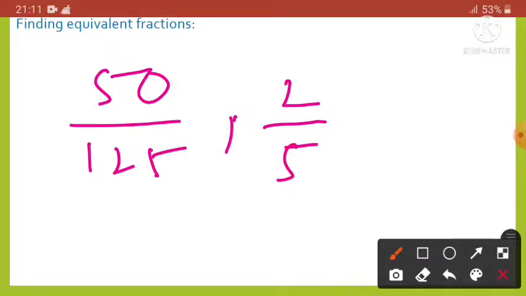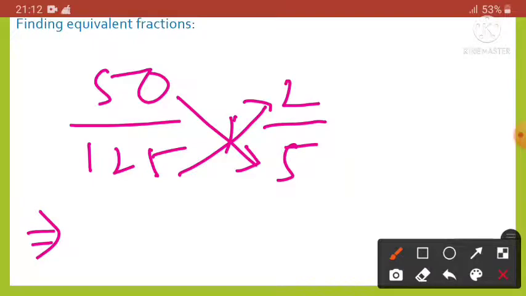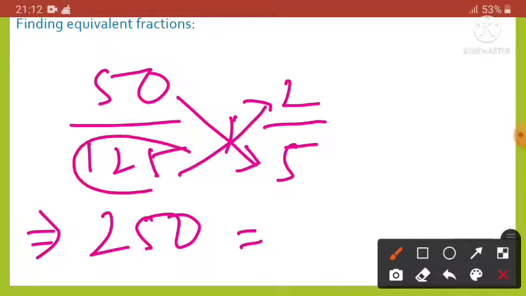Now we have to check whether both the fractions are equivalent or not. So we simply cross multiply. Here we multiply 5 into 50, and here 125 into 2. Got it? So here we are getting 50 into 5, that is 250, and here also 125 into 2, that is 250.